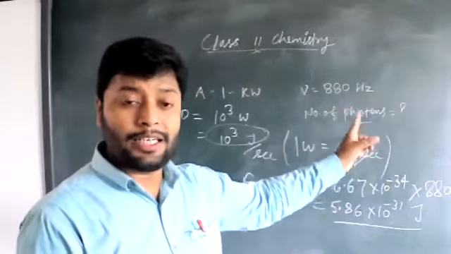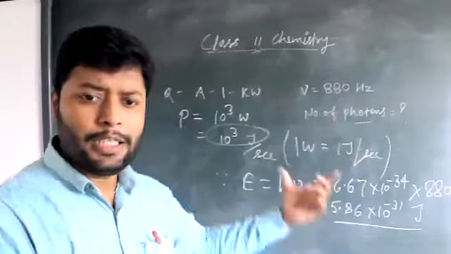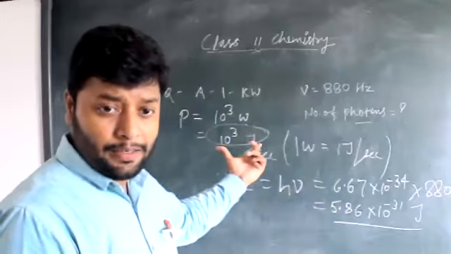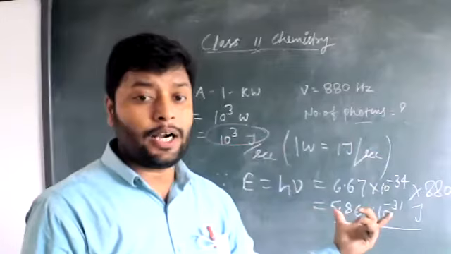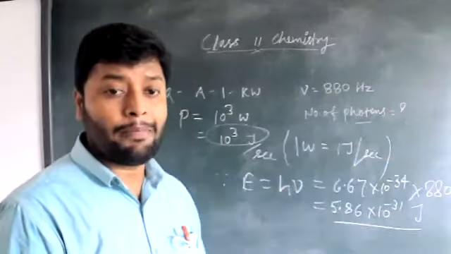Now you have to calculate the number of photons. This is very easy. The total amount of energy given, upon the energy of one quanta, will produce the number of photons.